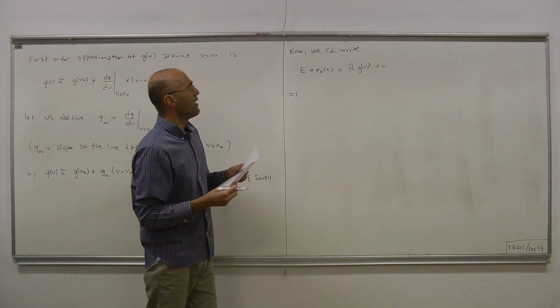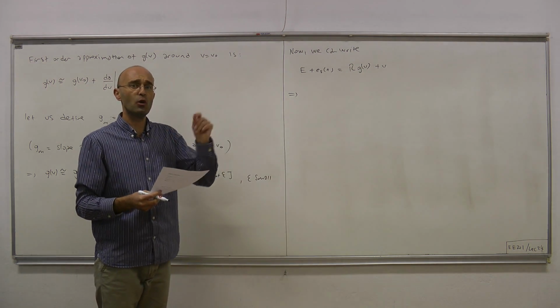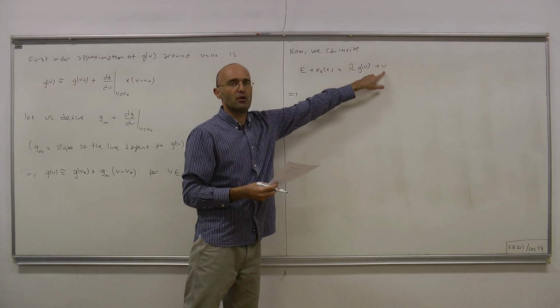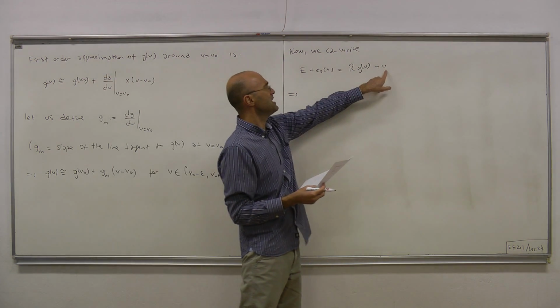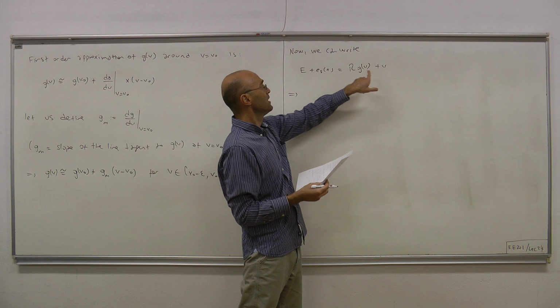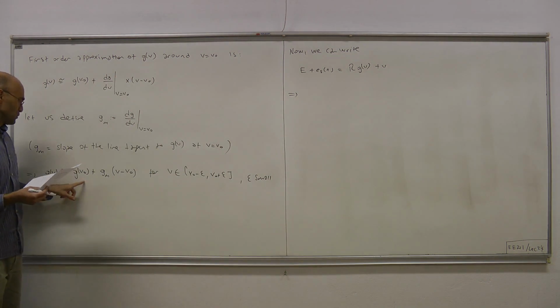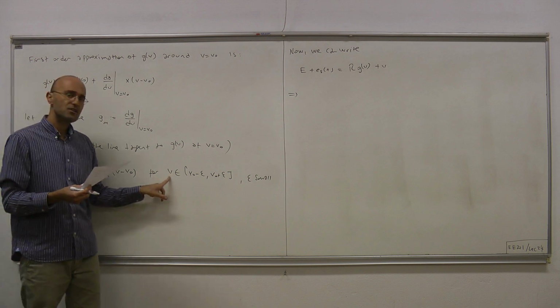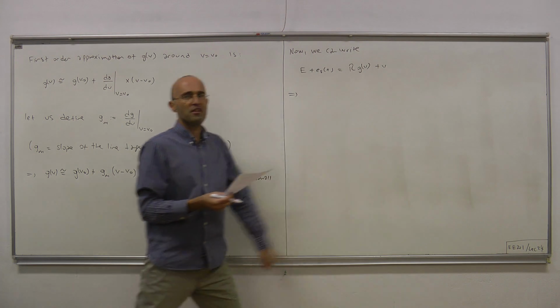And now we know that V, the solution, is close to V0, the DC operating point. And because V is close to V0, we have a good approximation of G of V at that point. So let's replace G of V with its approximation.